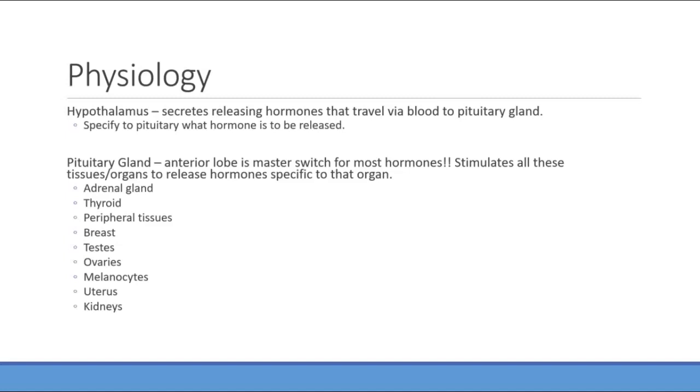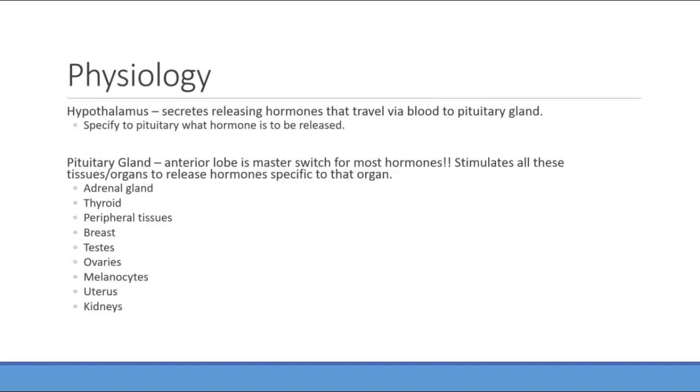It's the anterior lobe of the hormone that is the master switch. And literally by stimulating this pituitary gland through the secretion of these releasing hormones that the hypothalamus releases, the pituitary will then say, okay, I just got a message. I need to increase more estrogen to the uterus. Okay. So that's how this occurs.